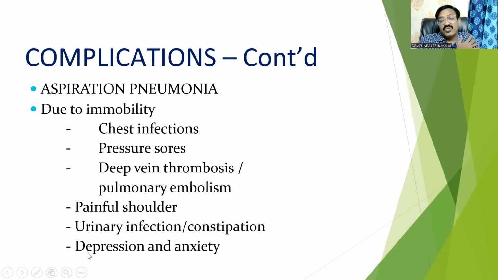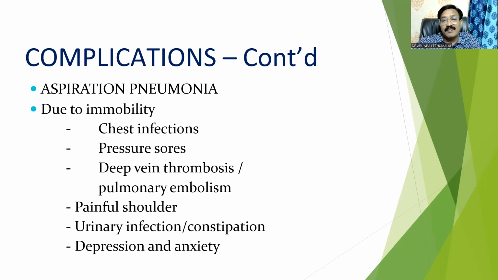The patient may have a painful shoulder, even shoulder dislocation, when severe intense physiotherapy is done. Urinary infection and constipation may be there, and the patient may have depression and anxiety after the stroke, because a patient who was walking normally is now not able to walk.